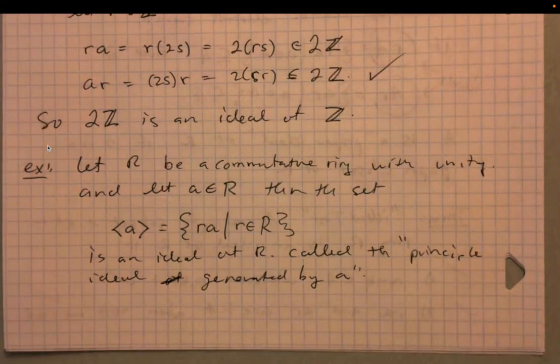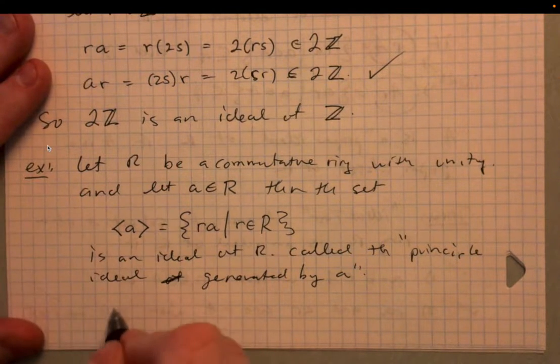Right, so you can always do this for whatever A. You can do this operation, and you will generate an ideal in each case. Right, so this is basically just all of the elements of R multiplied by the element A. Now it's important, this notation, you've got to be a little bit careful.